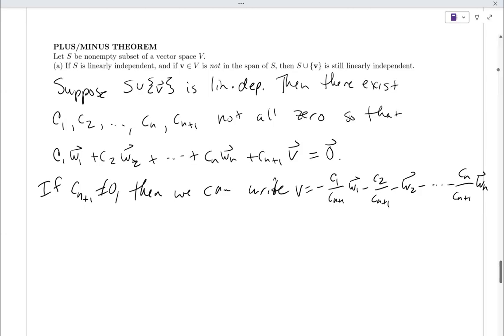The span is the set of all... So that's if we're trying to make a matrix and put it in reduced row echelon form.